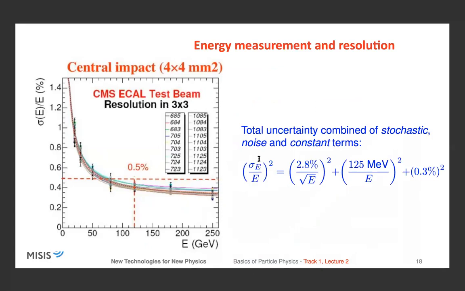Usually the resolution of a calorimeter has three components: stochastic, noise, and constant terms, which you will hear about in more detail later on. Overall, you should see that the higher the energy is, the better the resolution of the energy you get, and you are basically dominated by this component over there.